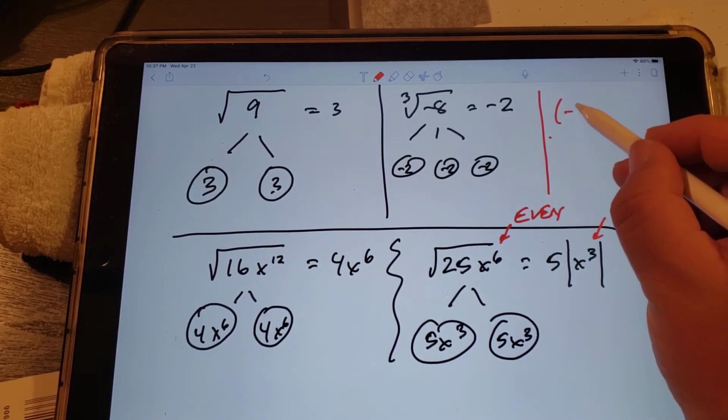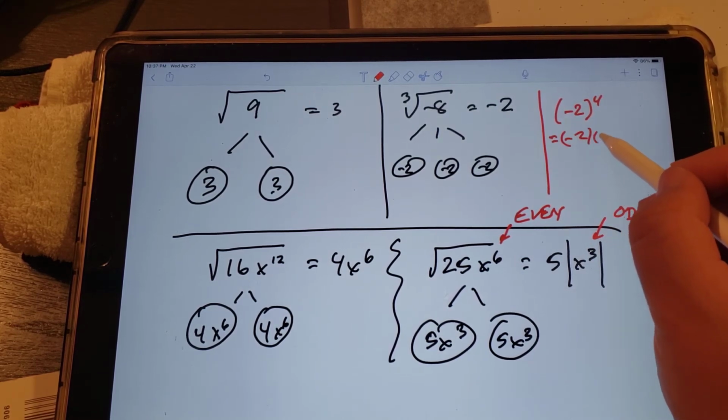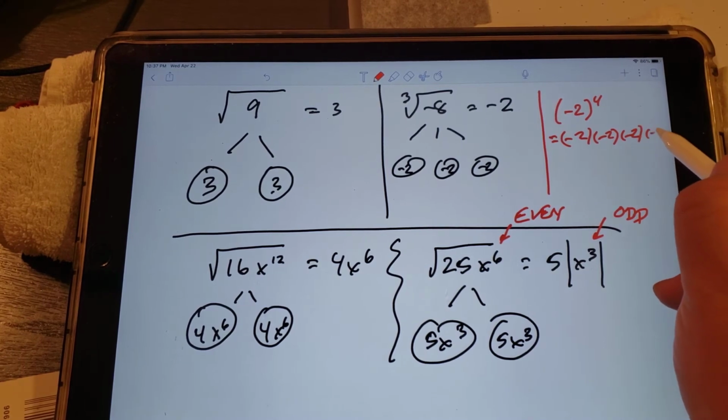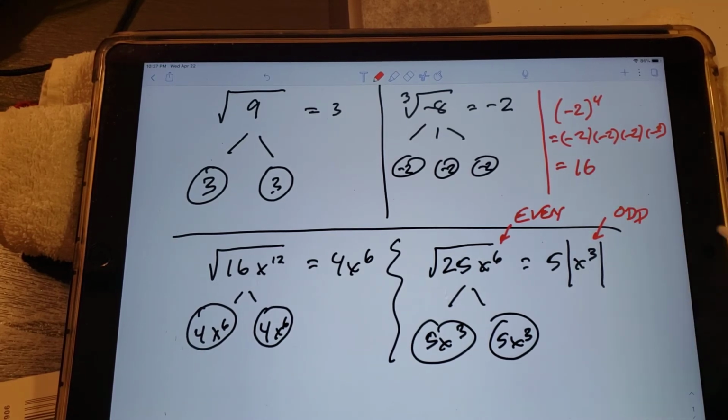If I said -2 to the 4th, which means -2 times -2 times -2 times -2, you notice I have 4 negatives, and anytime I have an even number of negatives, like 4 of them, the answer will be positive. Negative times negative is positive, and two more negatives will be positive. So if we have an even exponent, whether the base is negative or positive, I'm not making a claim whether x is negative or positive. I'm just saying, just in case it's negative, I've got to put these absolute values on it.